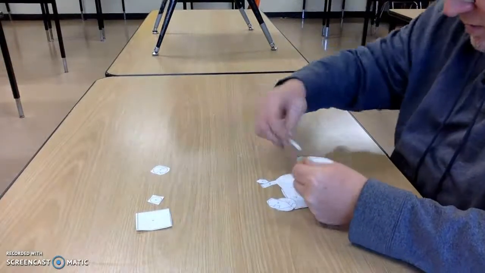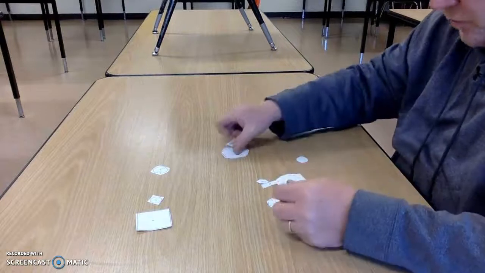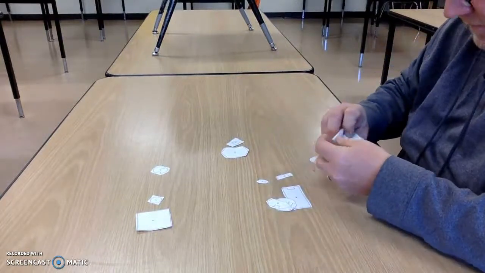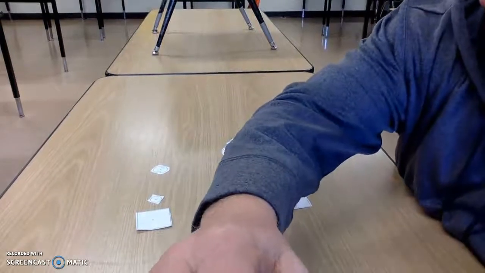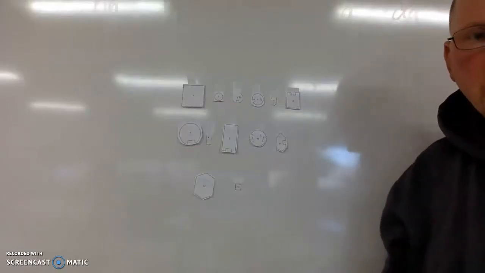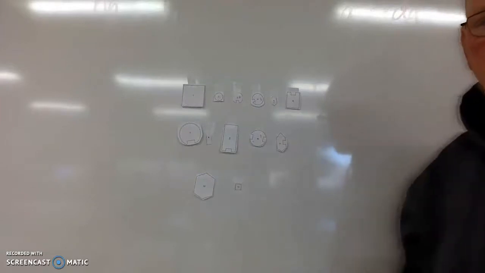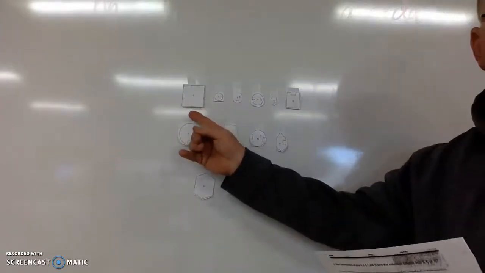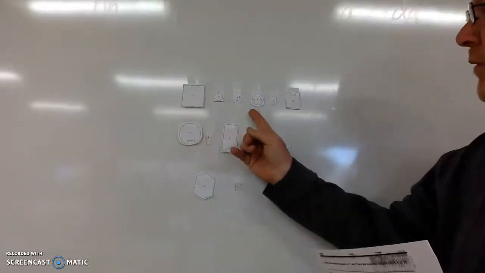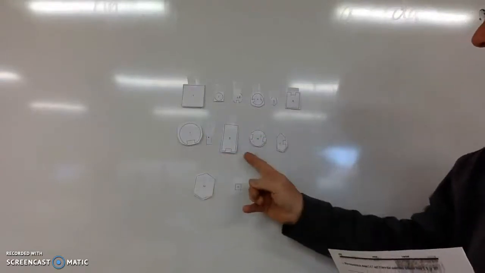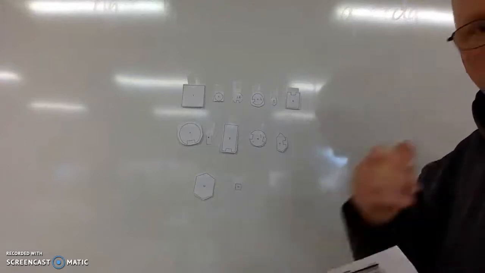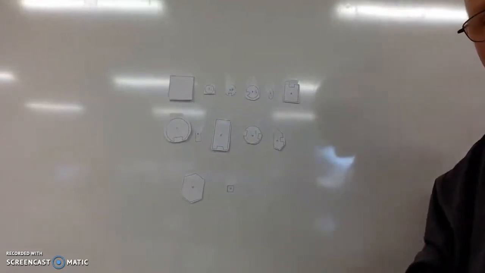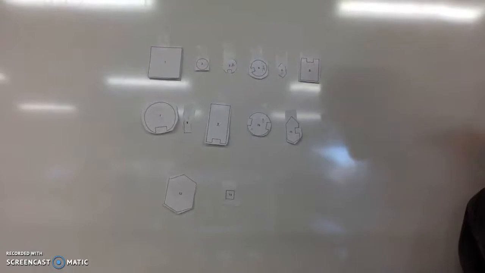So I've cut out the 13 shapes and I've put them on the board in order: 1, 2, 3, 4, 5, 6, 7, 8, 9, 10, 11, 12, and 13. If you look more closely at your papers, I can move this in a little bit and give you a better look at it.